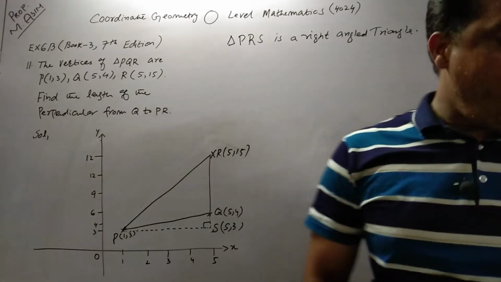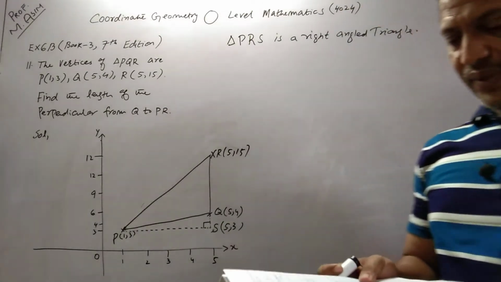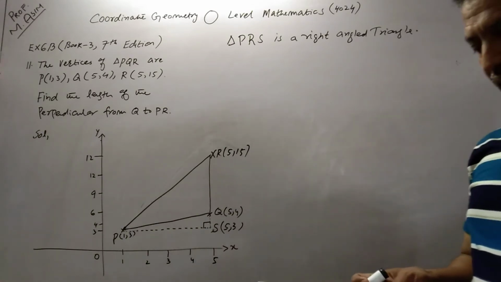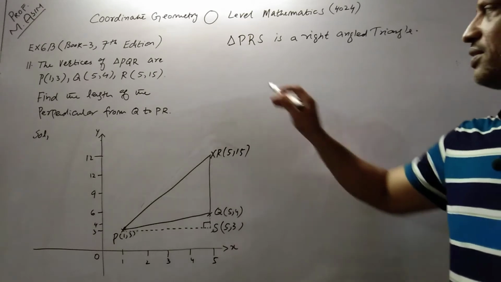Now, after drawing the right angle triangle, first we have to find the area of triangle PRS.